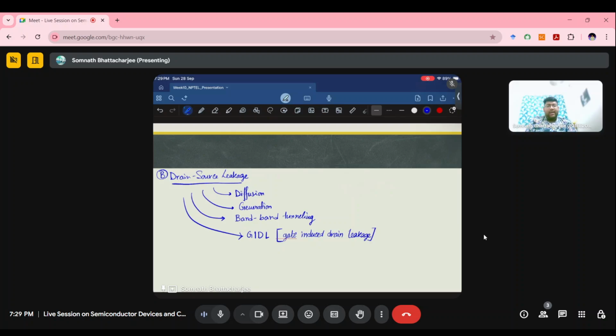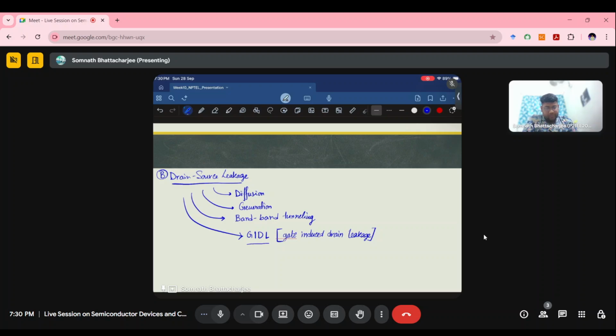Due to this scaling and everything, there is another phenomenon called gate induced drain leakage, and because of this, even at a very low voltage, there can be a drain leakage due to this induced gate voltage. That is called the GIDL, or gate induced drain leakage. These factors can also be solved with the high K dielectric.